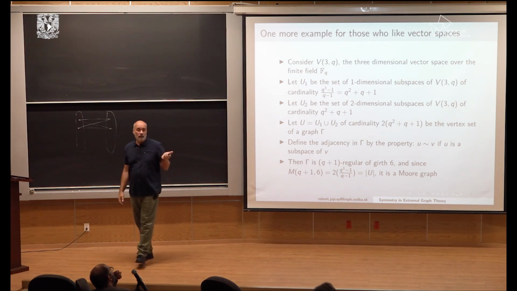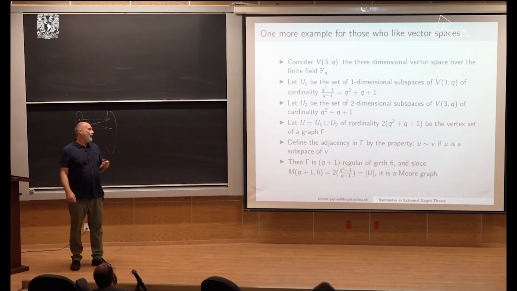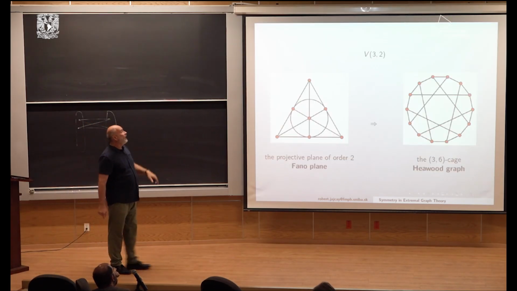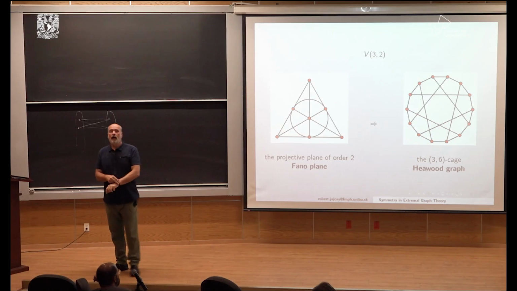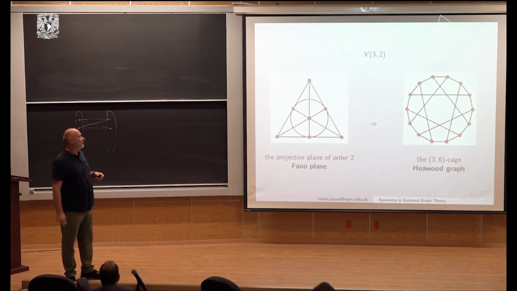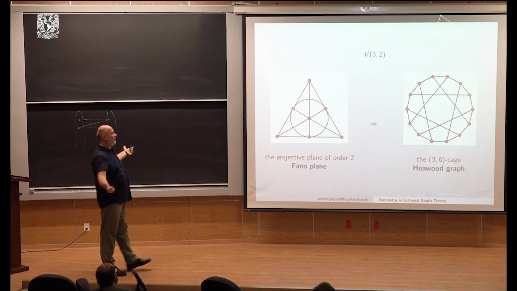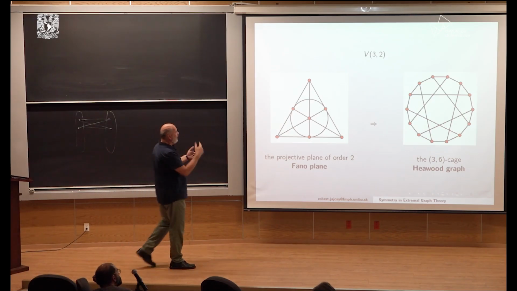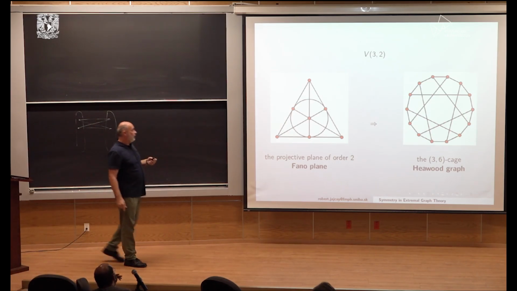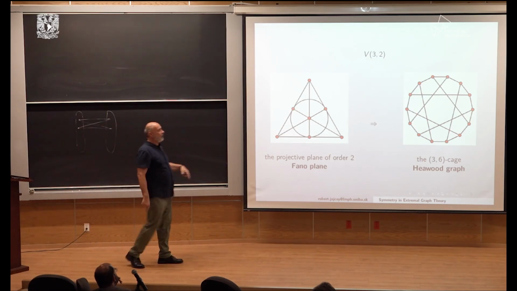Yeah, there is an infinite family for every prime power. I can do this, and I could do it for any projective plane. Yeah, and we don't know all the projective planes. But we do know that the graph exists if and only if a projective plane exists. Yeah? And so this is for those who like combinatorial geometry, projective plane of order 2, that was in the background.